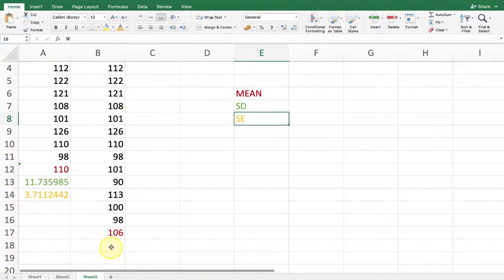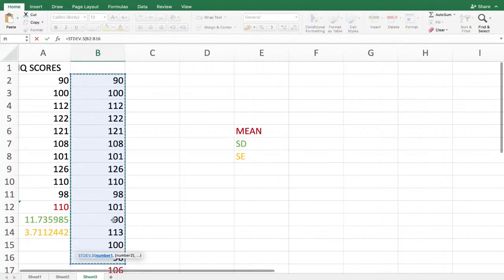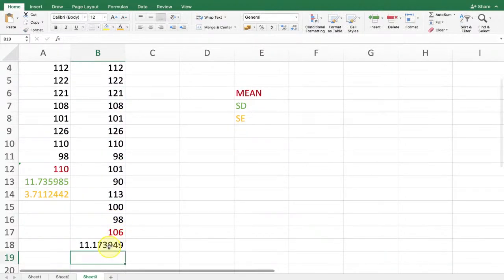Let's continue. How about the standard deviation for the next set consisting of 15 observations, or 15 students? So S, standard deviation of a sample. Highlight the values and close it in a parenthesis, and there it is.